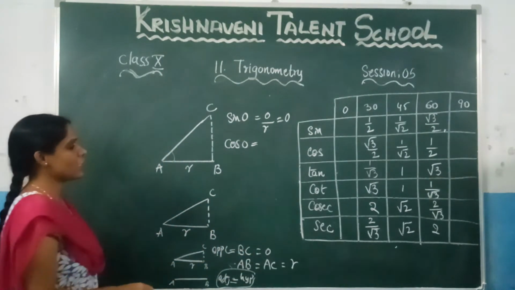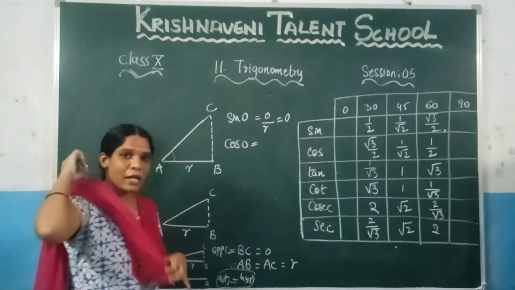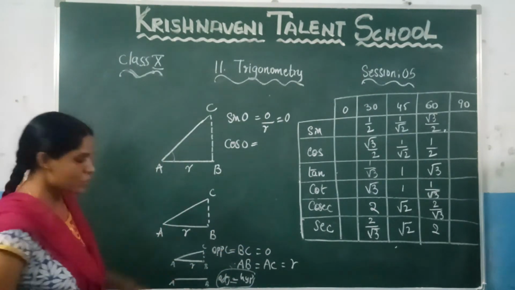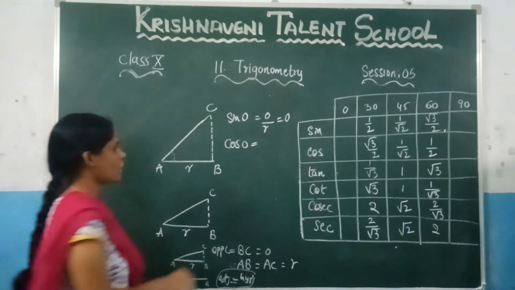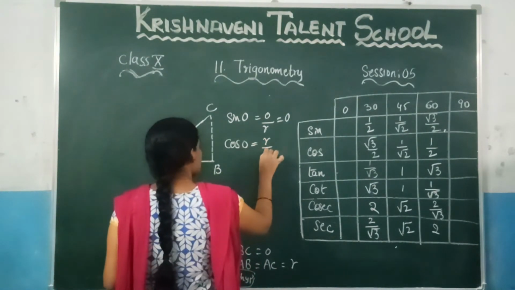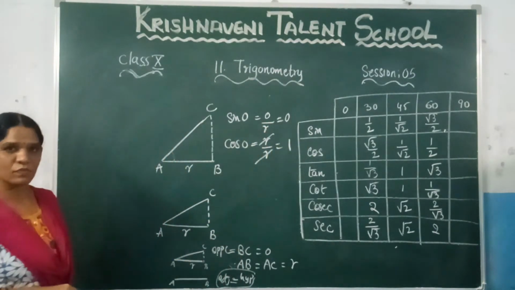So let us find it here. What is the value of cos 0? The formula for cos is adjacent side by hypotenuse. In this case, the adjacent side and the hypotenuse remain the same. So if this is R, this must be equal to R. If these two get cancelled, you will get the value as 1.